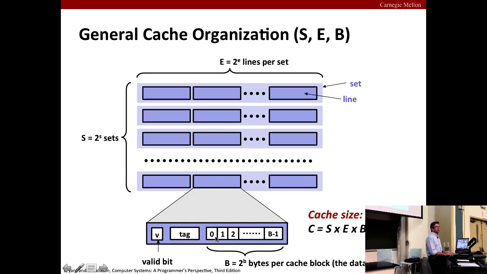Right? It's possible they could just be random bits. Like, when you first turn on the machine, there's nothing in the cache, but those bits will have values, right? They'll either be ones or zeros, but they won't actually correspond to data.